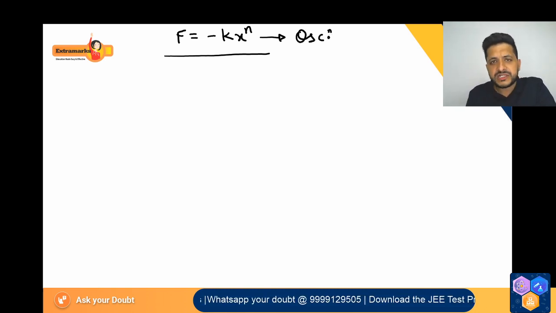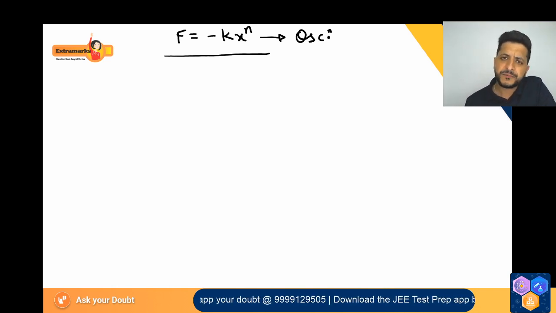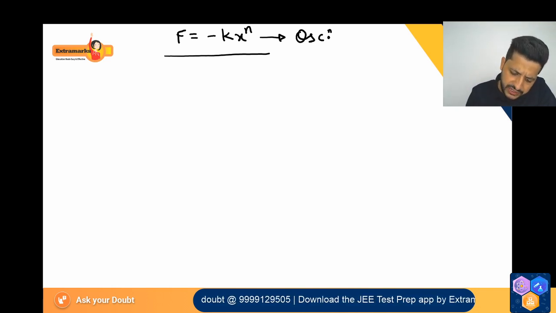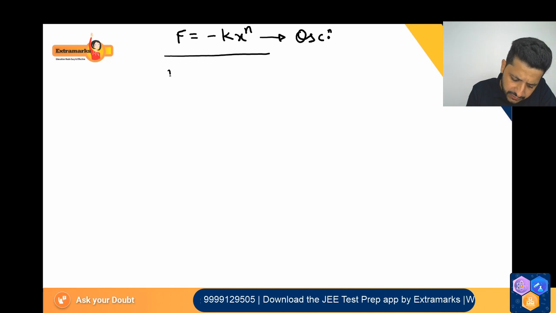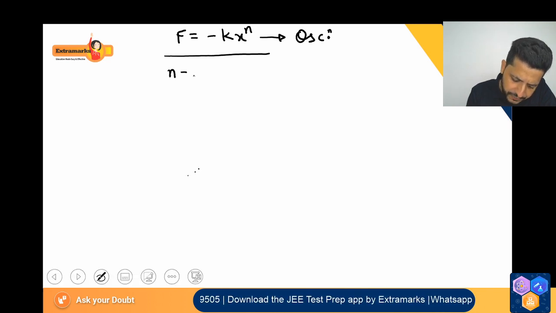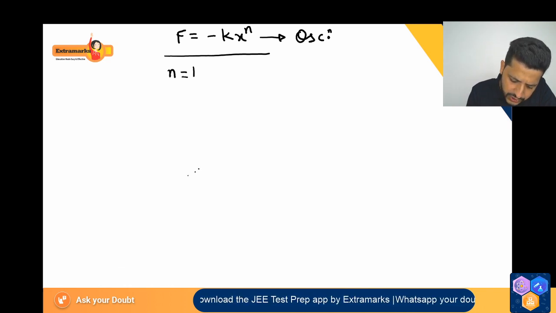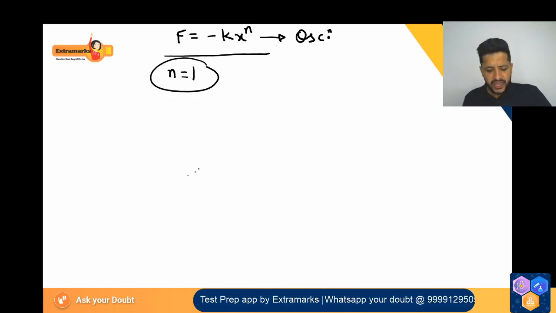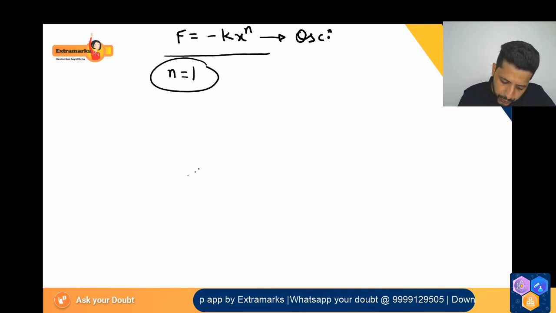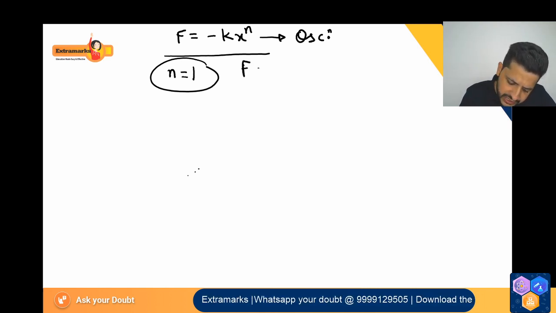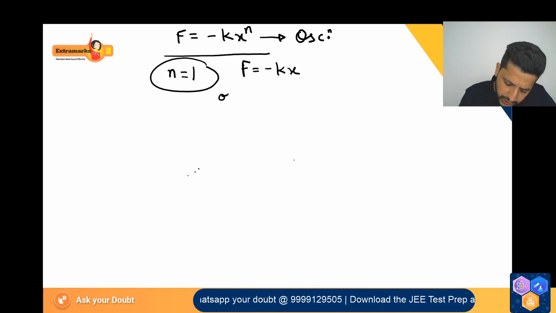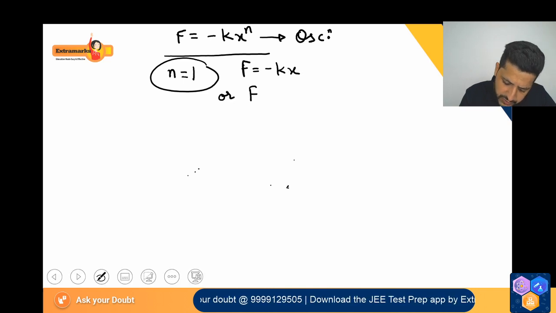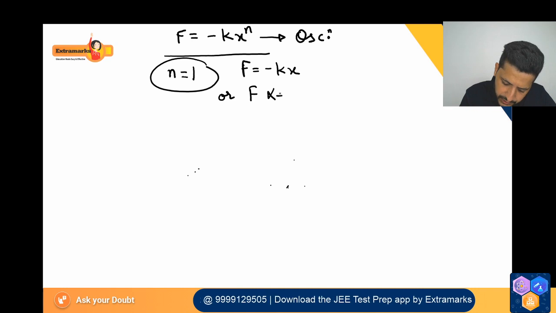And if I do a slight modification in this equation, what is that slight modification? I will put value of n equal to 1, which I have done previously also, but unknowingly. This time I am doing it knowingly. When I put n equal to 1, this equation gets converted into F is equal to minus kx, or I will say the value of force becomes proportional to negative of displacement.